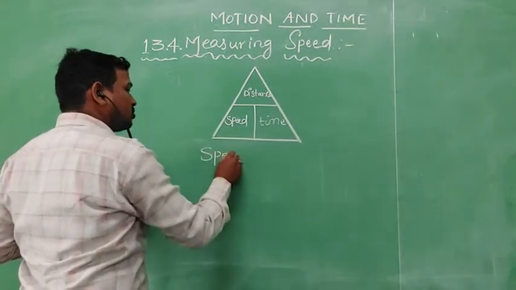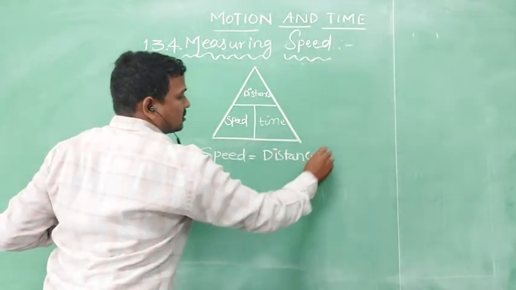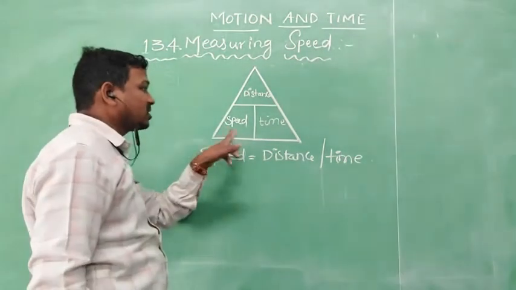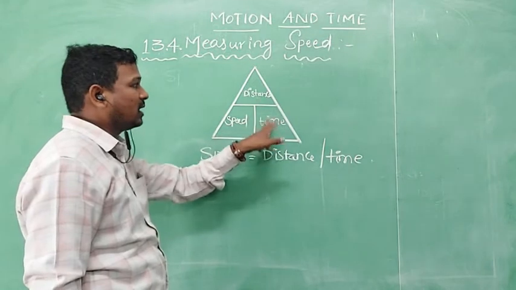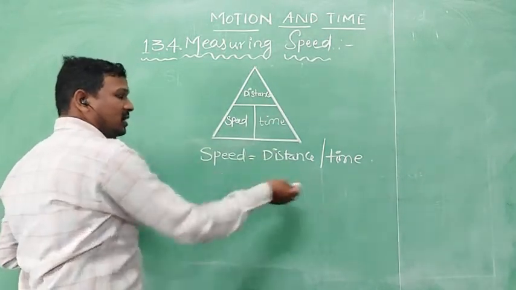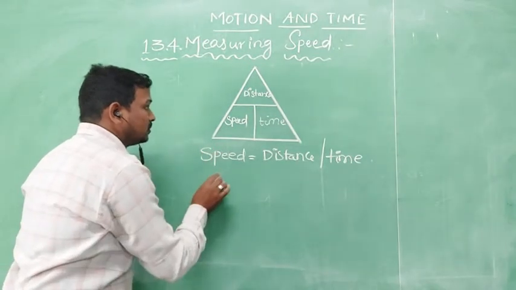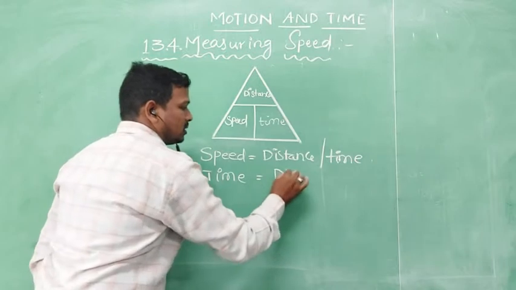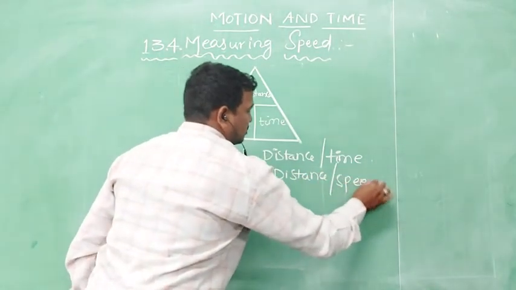Speed is equal to distance by time. Now suppose he gives the speed and the distance, and I want the time. How to calculate? Distance by speed. Time is equal to distance by speed.